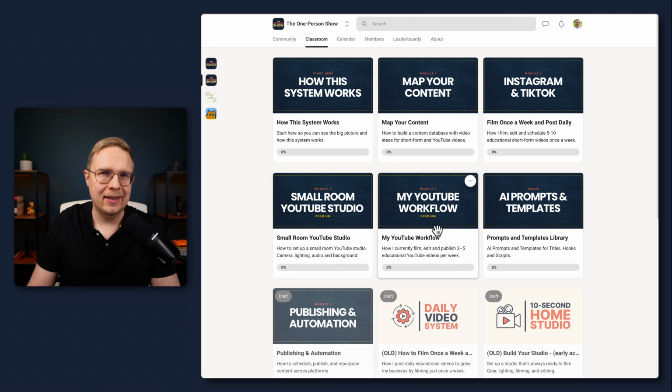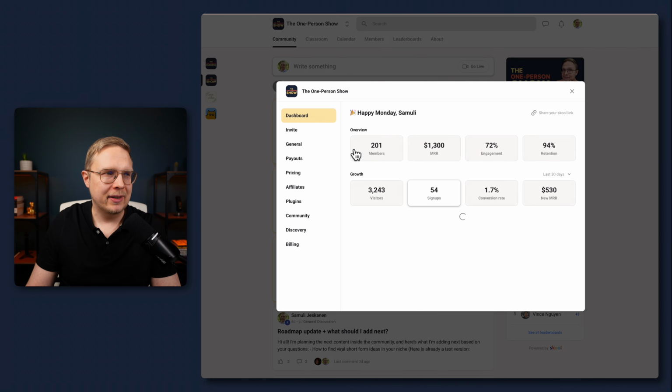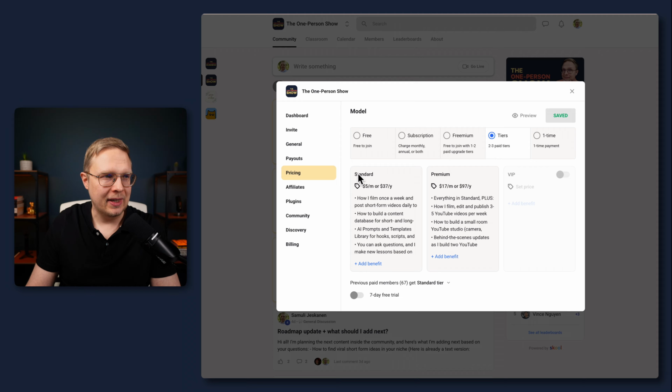I manually changed them to the premium tier, because in the subscription model there isn't really any tiers, it's just this standard tier. So they didn't get access, but manually it was easy to change them to premium. Just to let you know that there is that kind of problem if you are changing these.